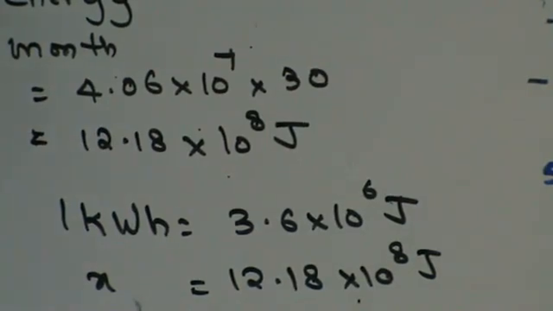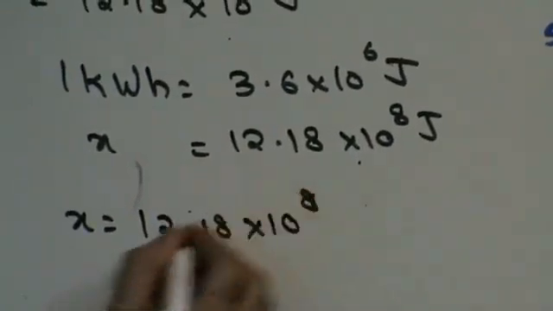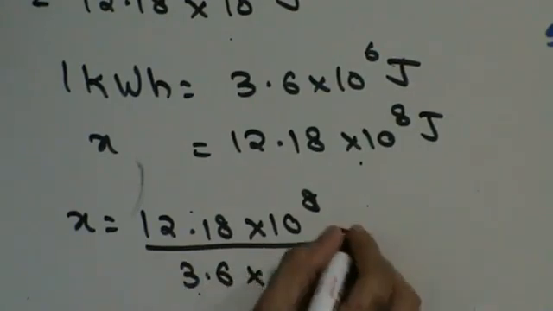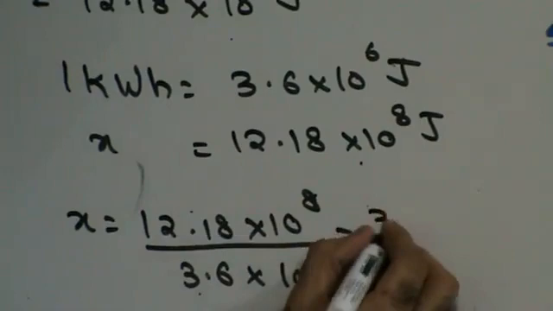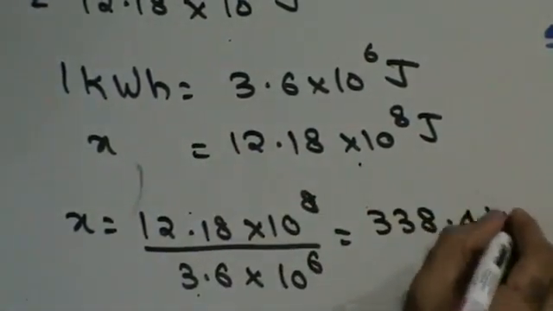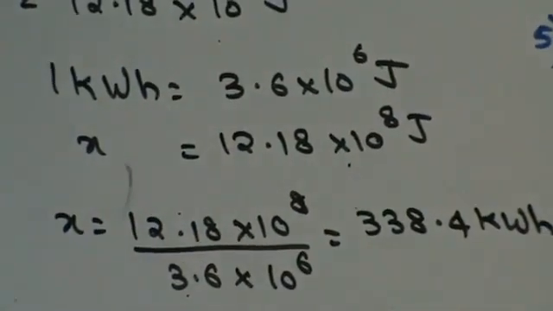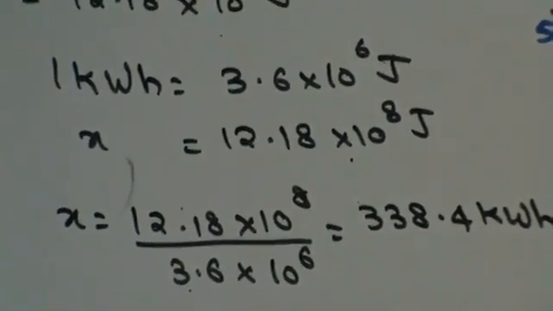So when you cross multiply this, you will get the answer of X as 12.18 into 10 raised to 8 upon 3.6 into 10 raised to 6. This comes to 338.4 kilowatt hour, right?